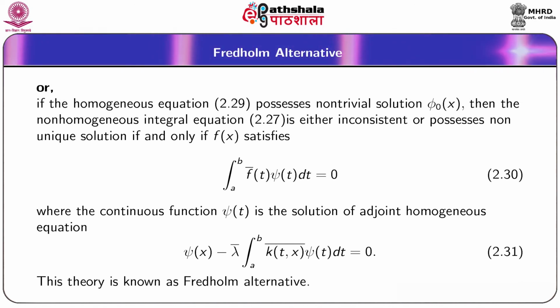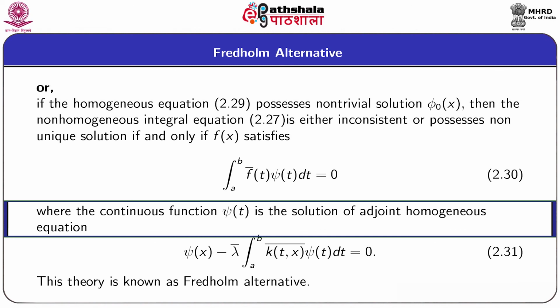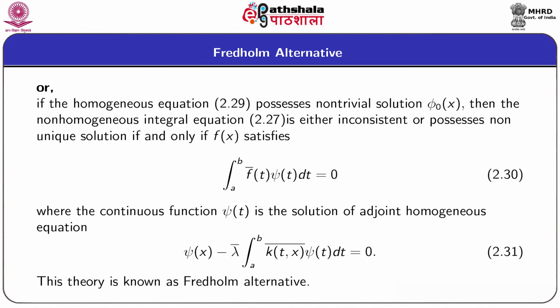It will possess non-unique solution if and only if f x satisfies the condition given by equation 2.30. Here the continuous function psi t is the solution of adjoint homogeneous equation given by equation 2.31. This theory is known as Fredholm alternative.